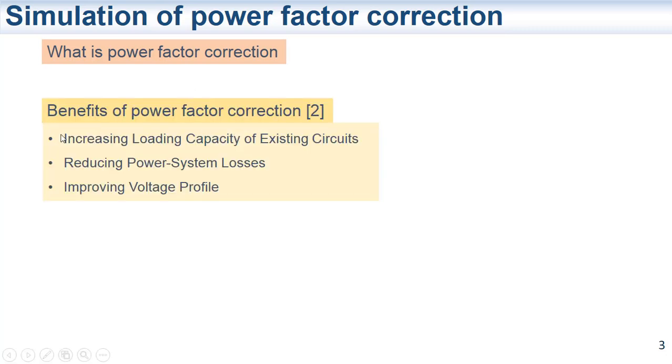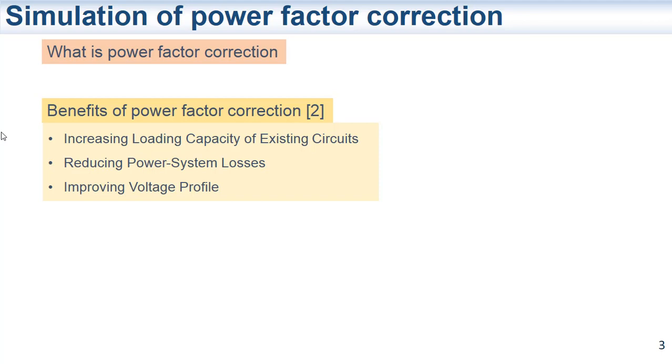There are plenty of benefits of improving or correcting the power factor. One of them is increasing the load capacity of the existing circuits. Basically, less apparent power means less drawn current, and therefore there will be extra room for extra load to be connected, and therefore increasing the loading capacity.